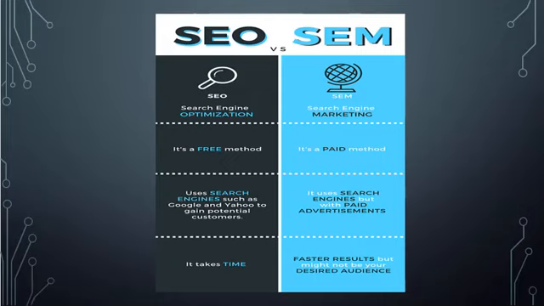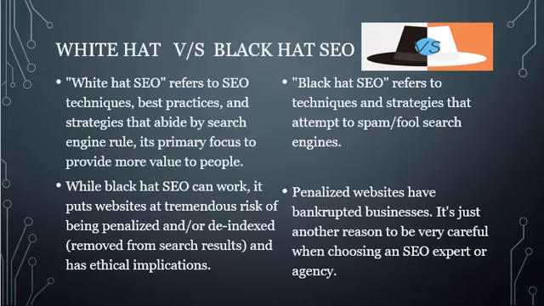So SEO uses search engines such as Google and Yahoo to gain potential customers, whereas SEM uses search engine but with paid advertising. SEO takes time, whereas SEM gives faster results, but it might not be your desired audience.